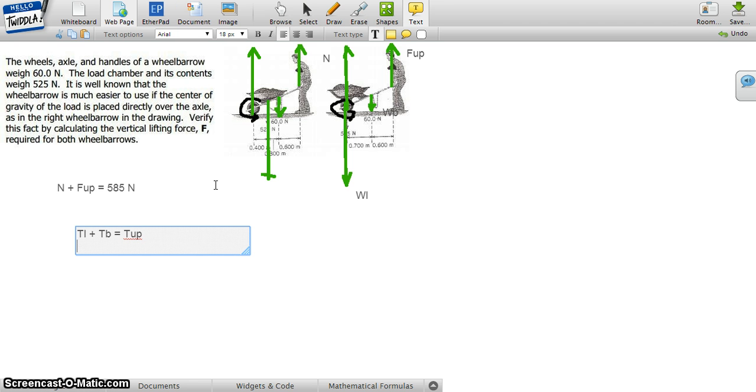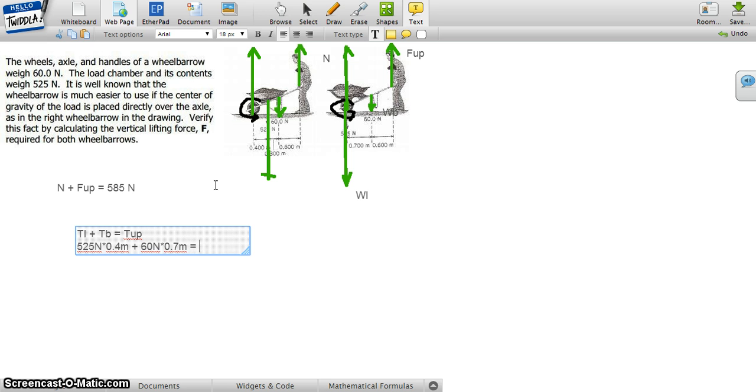So the torque from the load is going to be 525 newtons times the distance away, which looks like it's 0.4 meters. It's kind of hard for me to see that. Plus the torque from the wheelbarrow, which is 60 newtons, times the distance away, which looks like it's about 0.7 meters, I think.